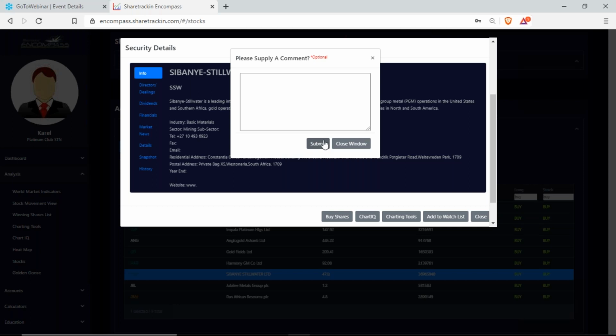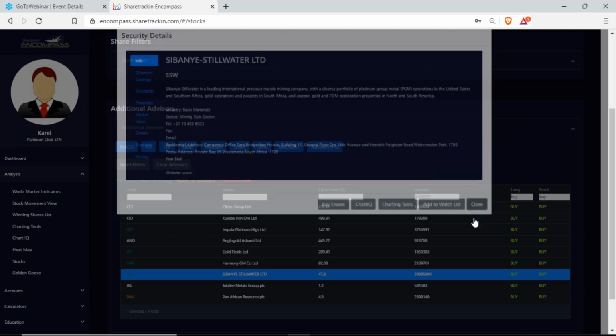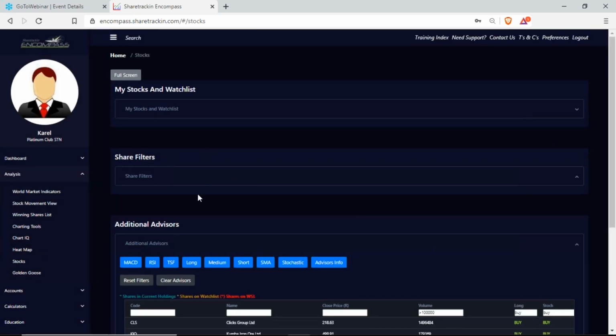So I can add a reason, but it's not necessary. I say submit. It gives me successfully added watch list entry. I can go close. And when I refresh this page, so usually how I refresh this page is by clicking on heat map and then back on stocks.